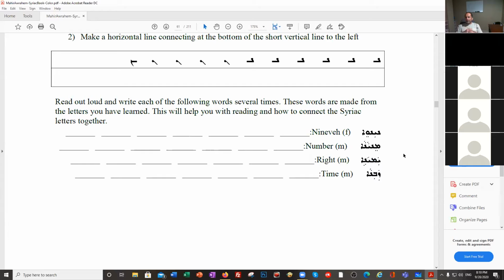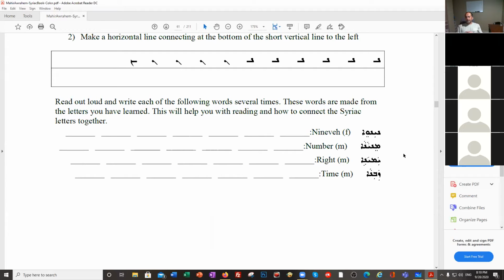Then the third one is a yodh, Y with the vowel, minya. And then noon again with the vowel, and finally the alap is silent at the end, na. So minyana.